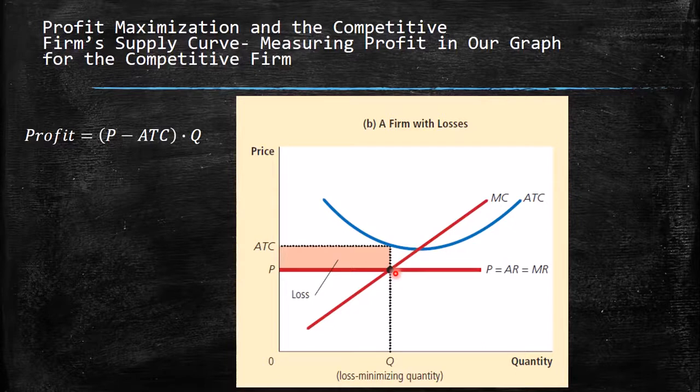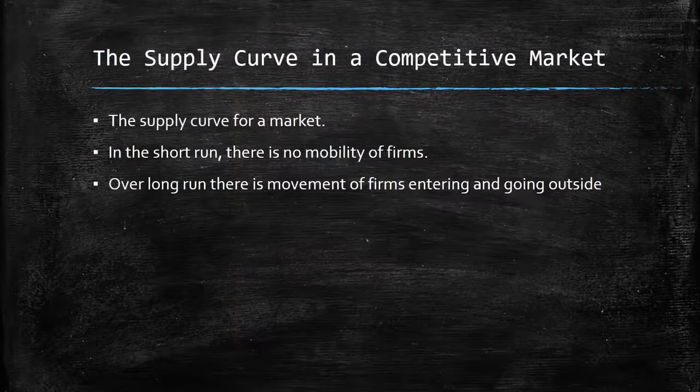This is the price, which is revenue, but the cost is higher, so you will have a loss. This is the loss when you sell under the average total cost.